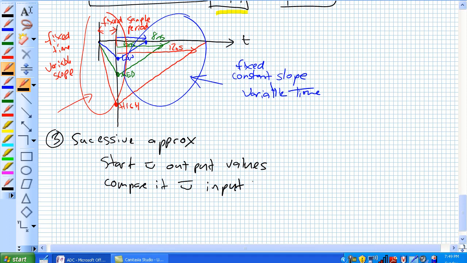If your output is equal to your input, you just happen to get super lucky right from the get-go, no need to convert because your output and input are equal. But if it's not, what you do is you just step down to the next successive level. And it's typically done MSB down. Okay, so basically if your input is greater than or less than your prescribed combination of values, you successively work your way to the best possible combo.